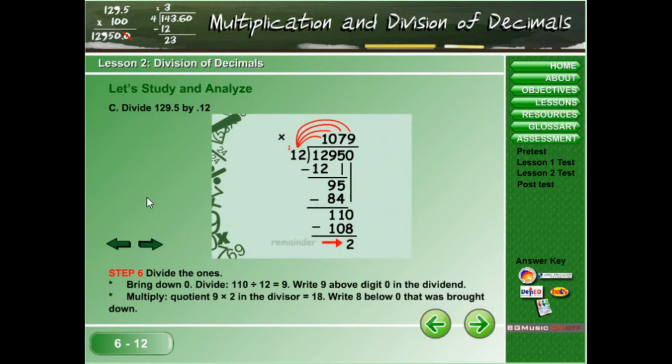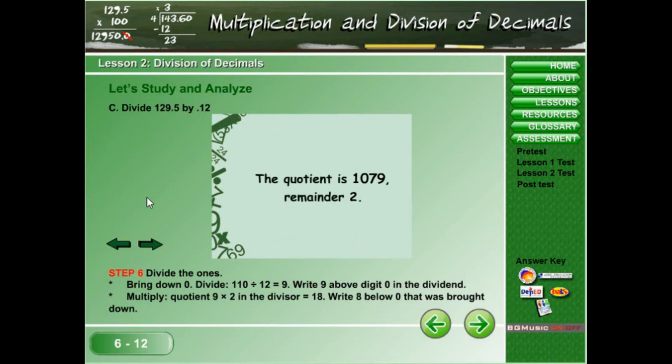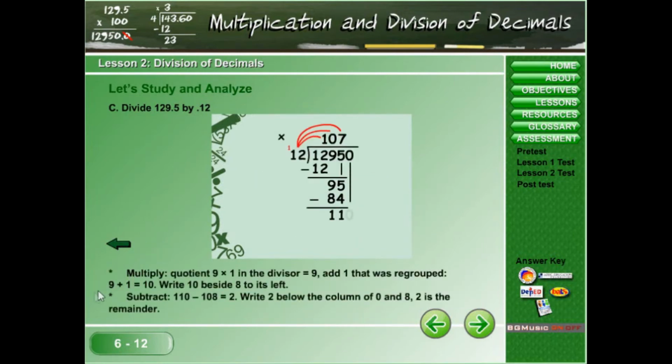Write 9 above digit 0 in the dividend. Multiply. Quotient 9 times 2 in the divisor equals 18. Write 8 below 0 that was brought down. Regroup 1 above digit 1 in the divisor.